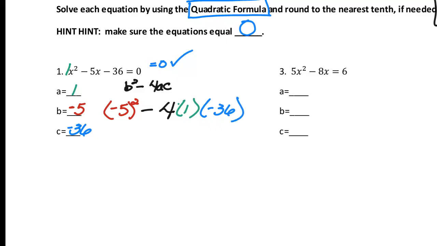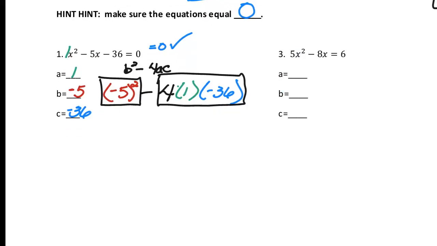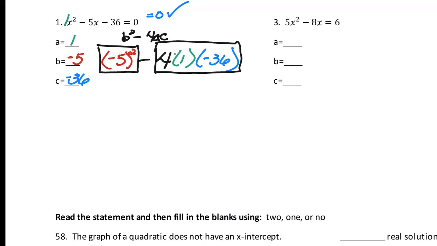Now, I have told you, I want you to think of this as box answer minus box answer. You are going to be subtracting for every discriminant. So negative 5 squared is what amount? Should be 25. It's always positive.